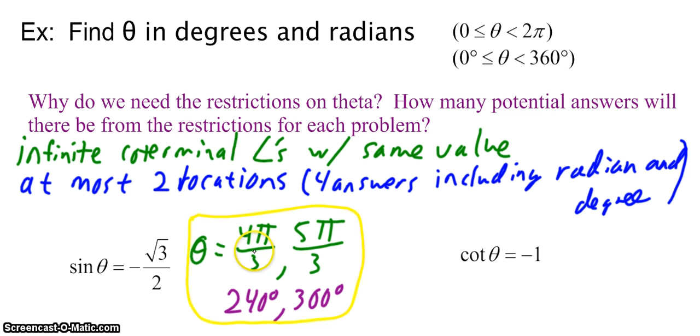So there are the 4 answers, but they're really only representing 2 unique locations within this restriction.